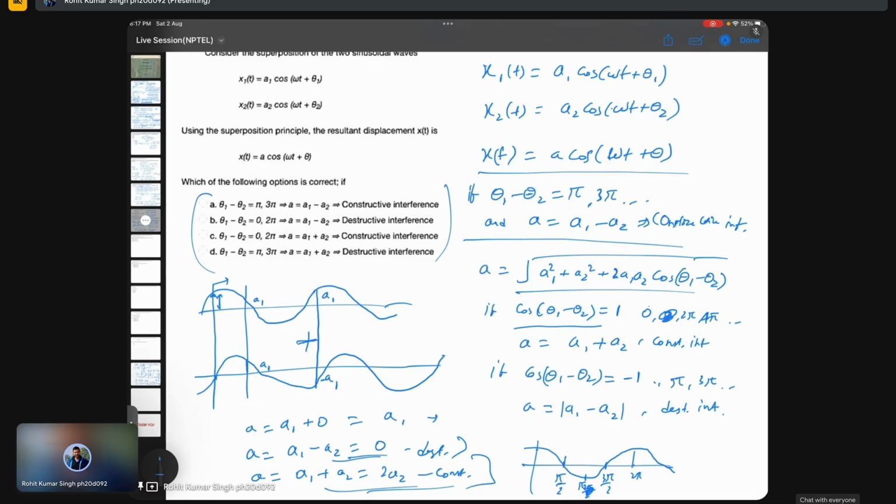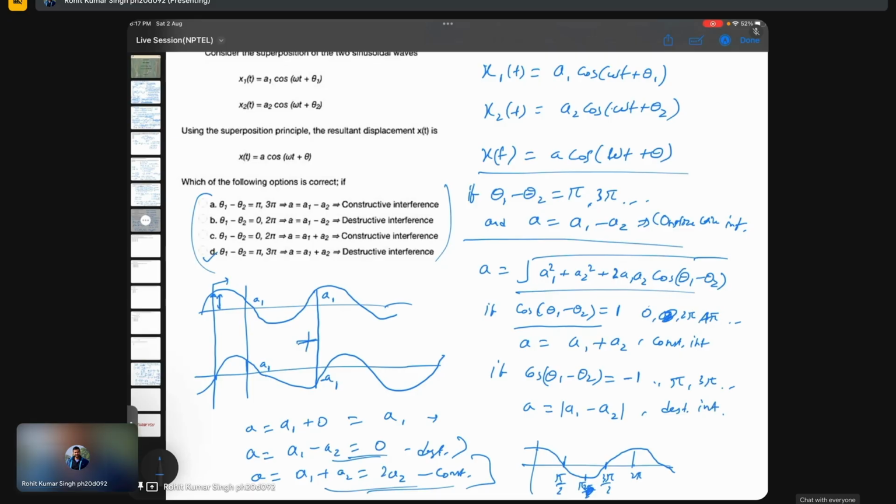Is this okay? So from the options you can see which one is correct. At pi, 3 pi you will have a destructive interference, so D is correct, and at 0 and 2 pi you will have constructive interference, so C is correct.